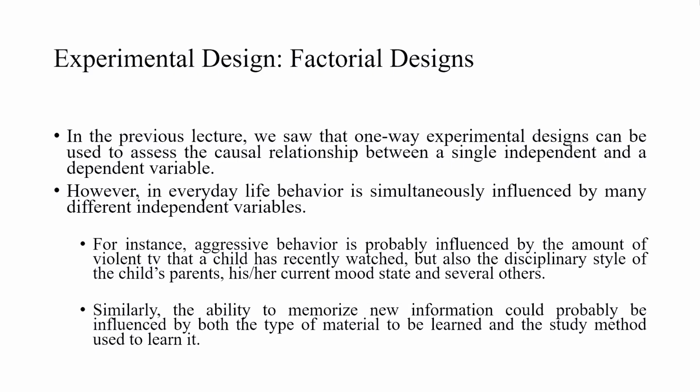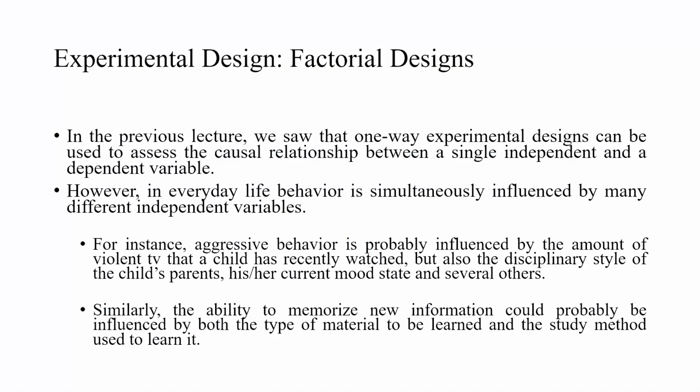It could be affected by the child's mood state before they came to the experiment. It could be affected by the socioeconomic status and any number of things. Now, if you are interested in understanding the behavior of interest in more detail, it might be a better idea to take into account a number of variables in the experiment, all at the same time, so that it tells you what the various influences on this behavior are.